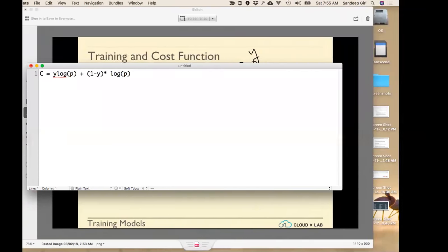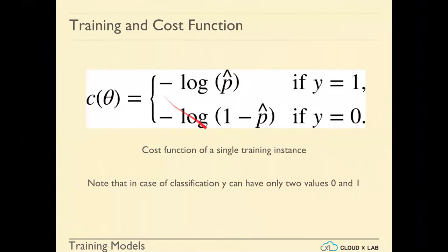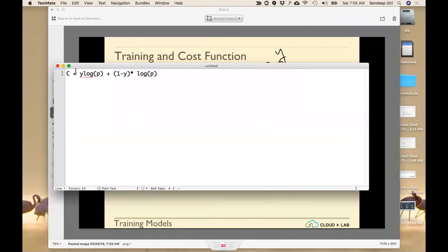What you see here as a condition says the cost for each instance is minus log p if the right hand side is 1, and minus log of 1 minus p if the right hand side is 0. The same thing could be written like this: y log p and 1 minus y into log p.